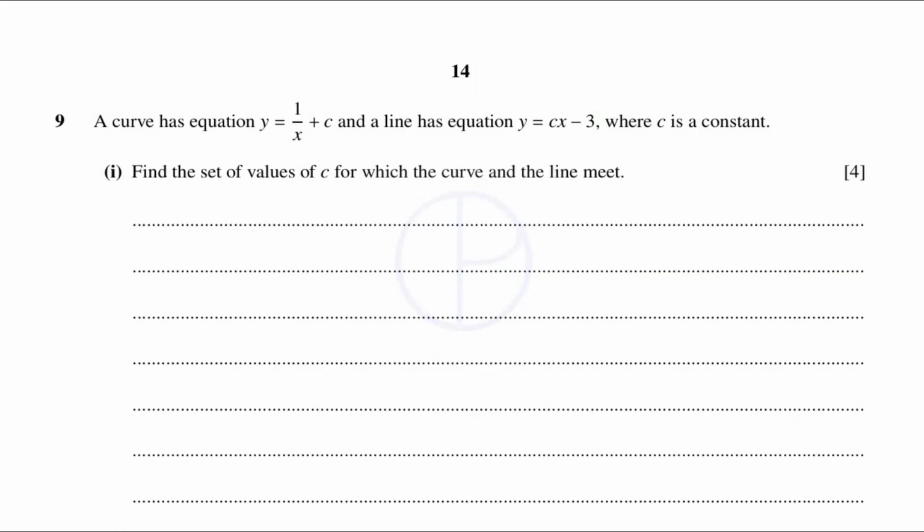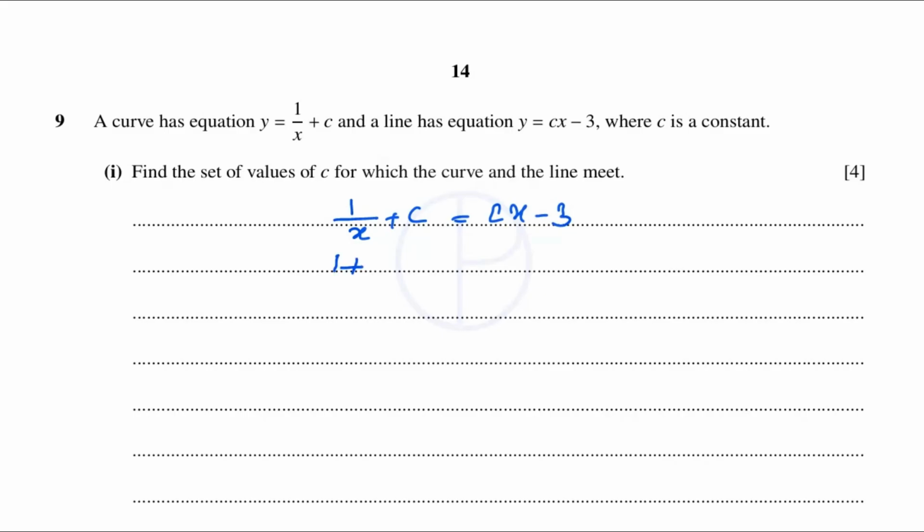The next question is, a curve has the equation y is equal to 1 over x plus c, and a line has the equation y is equal to cx minus 3, where c is a constant. Find the set of values of c for which the curve and the line meet. So let's equate the curve equation to the line equation, which is cx minus 3.